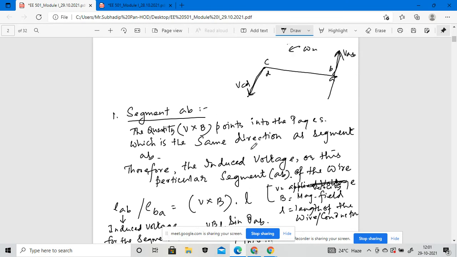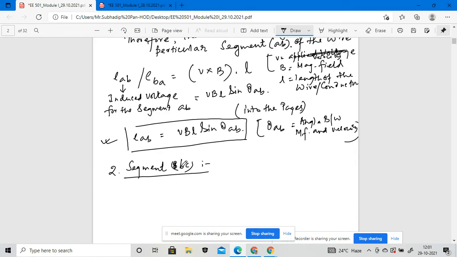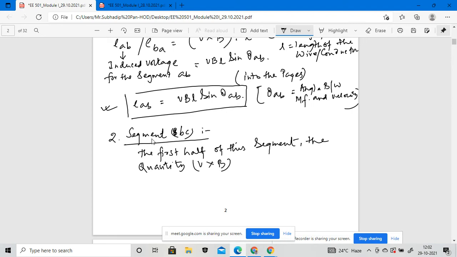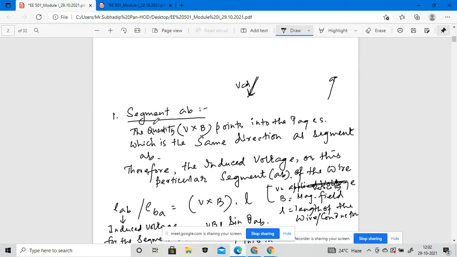For the segment BC, in the first half of the segment, the quantity V into B points into the page. Okay, so first half means this half.